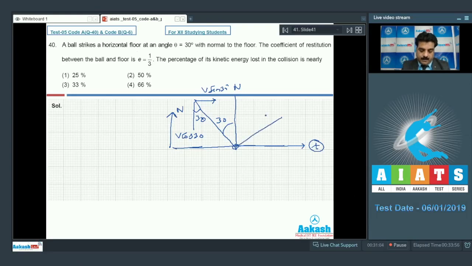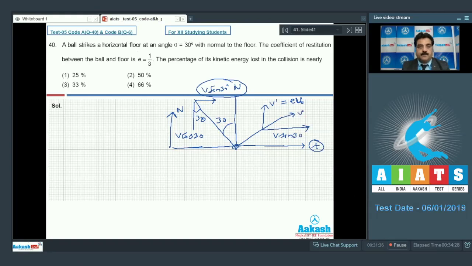So when it reflects, you will get two components of velocity. In this situation, v dash along the normal will be e times the initial velocity, or velocity before collision. Here u means the velocity of the ball before collision, and the velocity along the tangential axis will not change, so that is V sin 30.